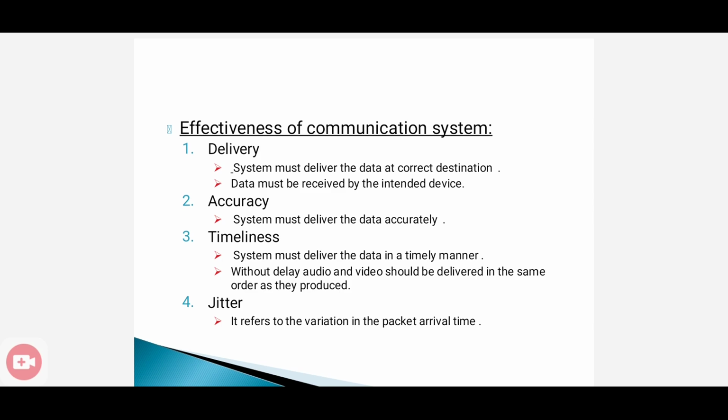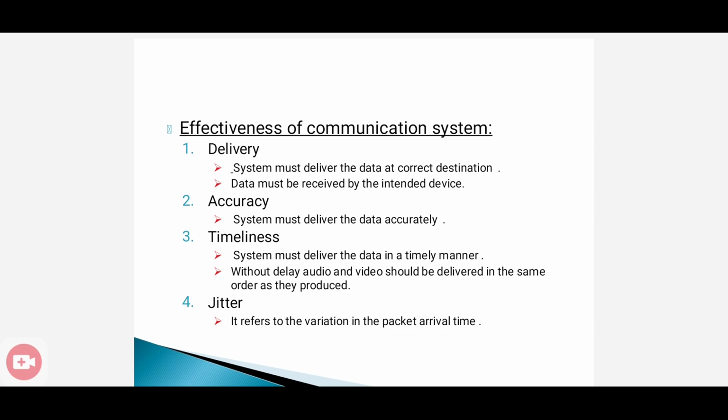And the third one, timeliness. If the delivery is correct and the accuracy is correct, it should also be in a timely manner. The system must deliver the data in a timely manner.